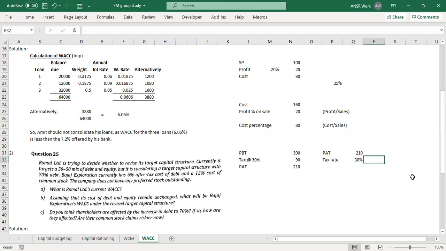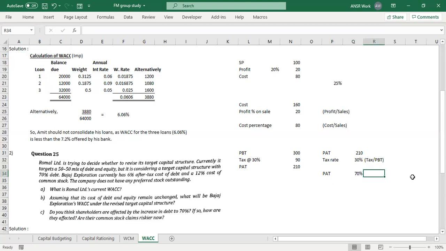Are you getting my point? When I say tax rate, that means tax divided by PBT. Focus on the base. I'm keeping it as PBT. Why PBT? Because tax is always calculated on the profit before tax. So if tax rate is on PBT, then what is 70%? 70% is PAT. Exactly my point.